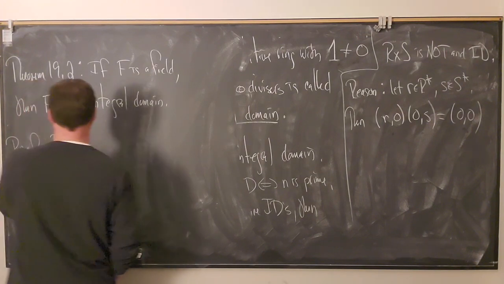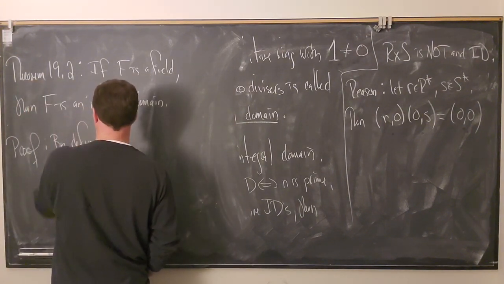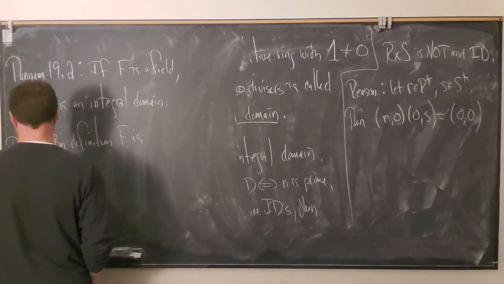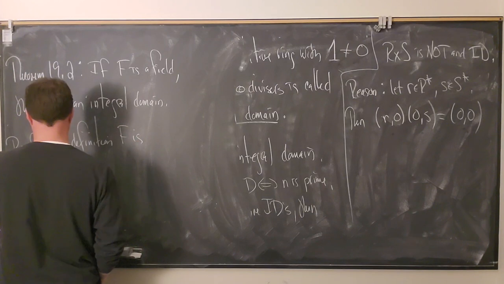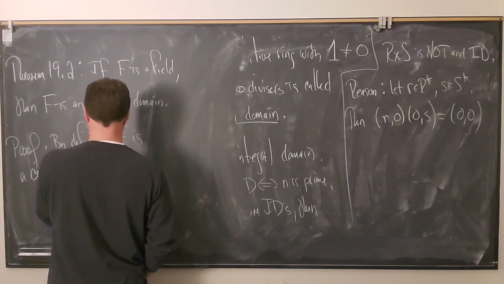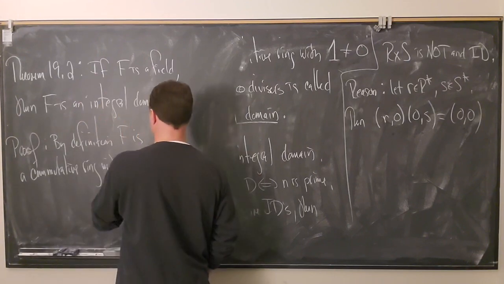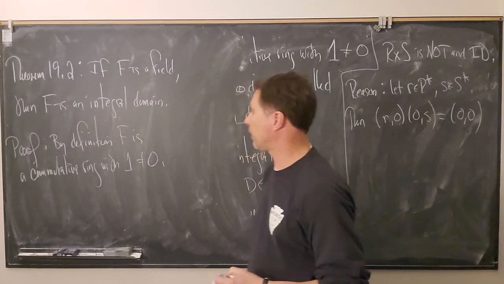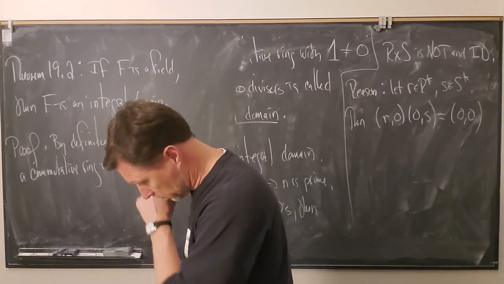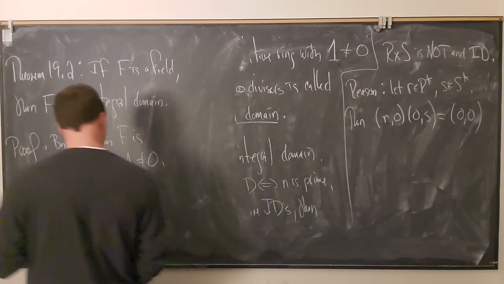By definition, F is a commutative ring with unity not equal to 0. So every field has at least two elements. Now let's choose a non-zero element.